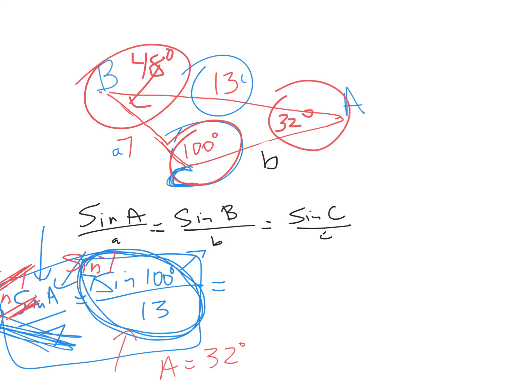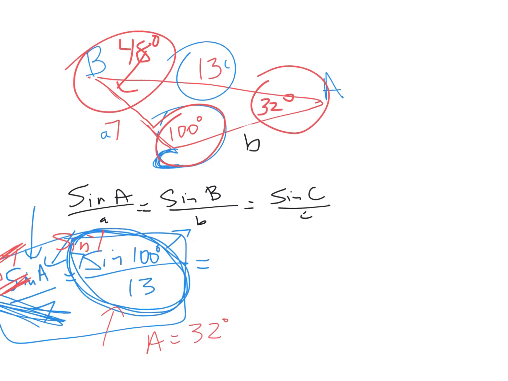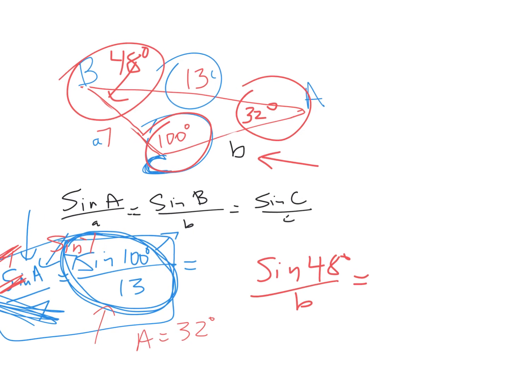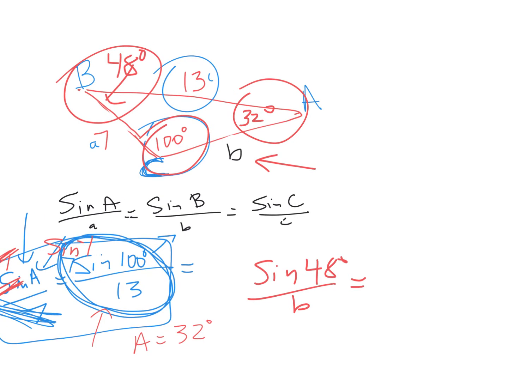then I have to do this law of sines one last time to figure out B. So then I'm going to go sine of 48 over little b is equal to, let me think, well, it doesn't matter, I can do either one. But we technically rounded b, so I'm going to use a.